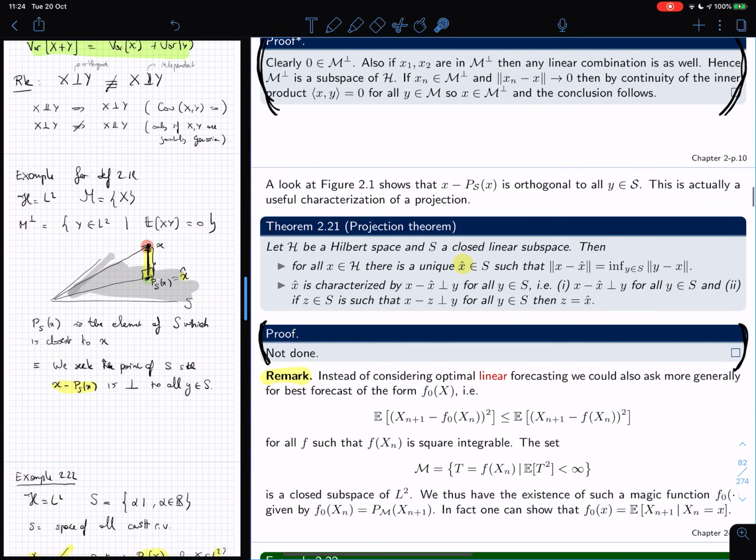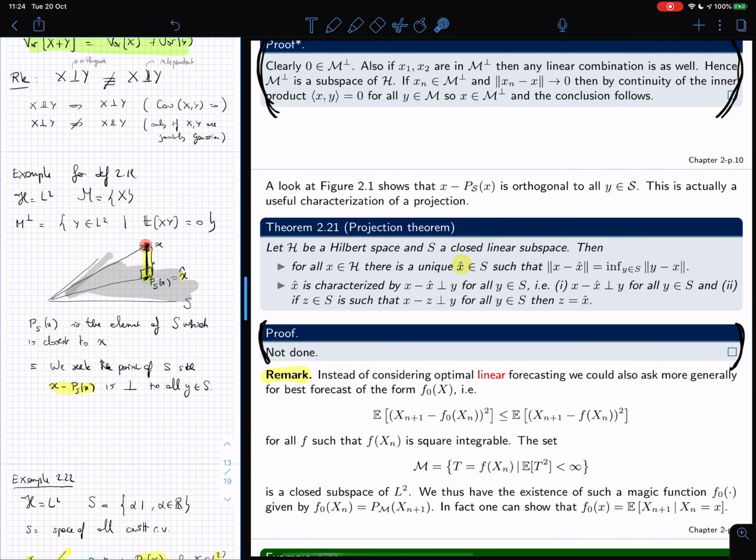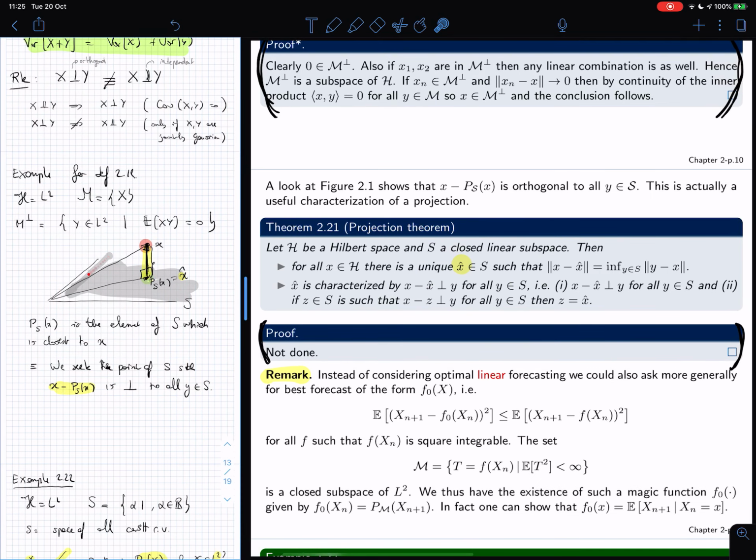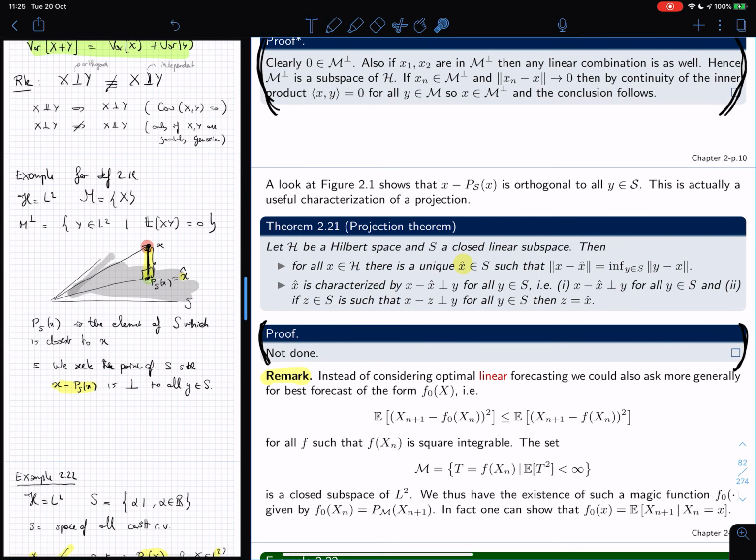If you're looking for the projection of some vector x onto some subspace S, the closest element in this space to the vector, you are guaranteed that if your space is closed, and you're working in a Hilbert space, then there exists a unique element x hat in S which is closest to x in norm, that is, which minimizes the norm.